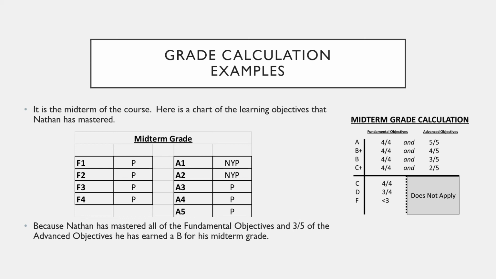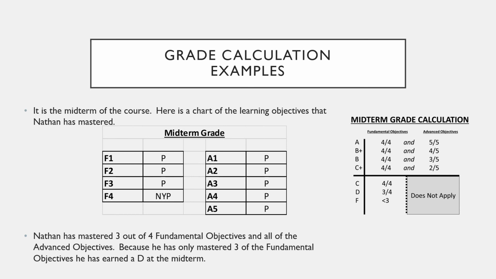He has not passed yet advanced 1 and advanced 2, but has passed 3, 4, and 5. So if I consult my chart, I have all 4 fundamentals, and I have 3 out of 5. Therefore, at the midterm, Nathan has earned a B.